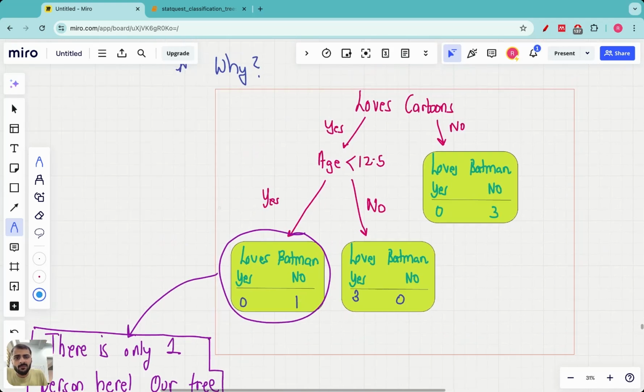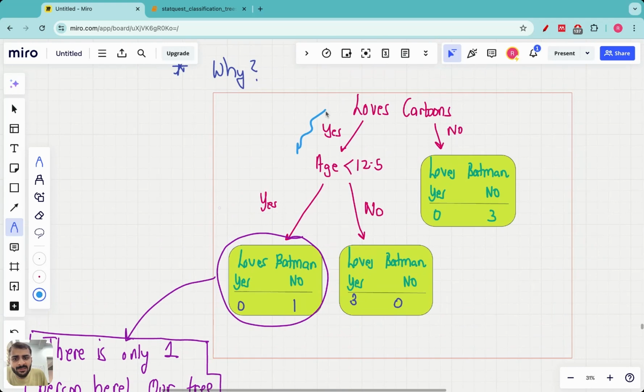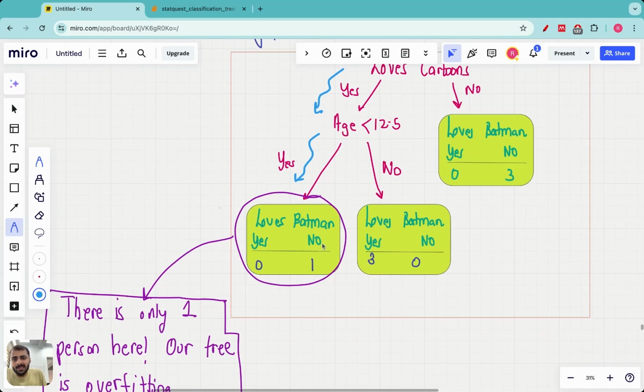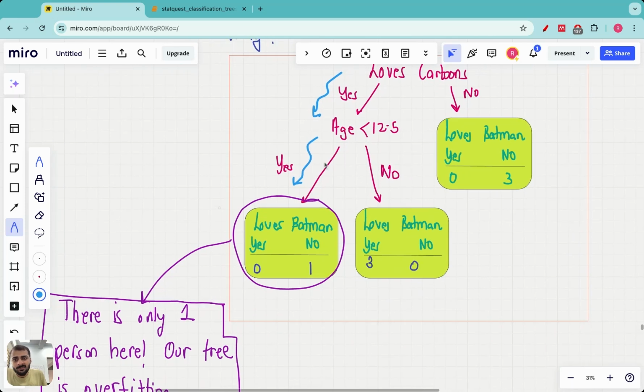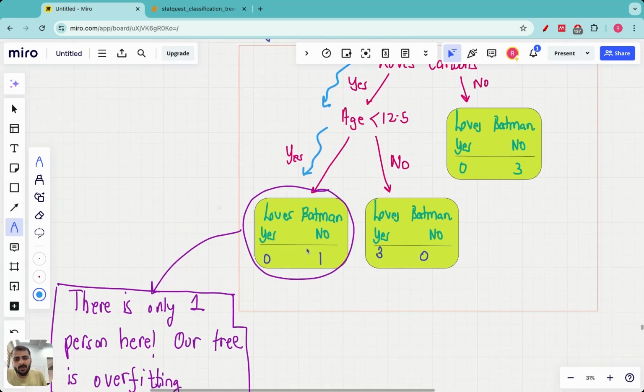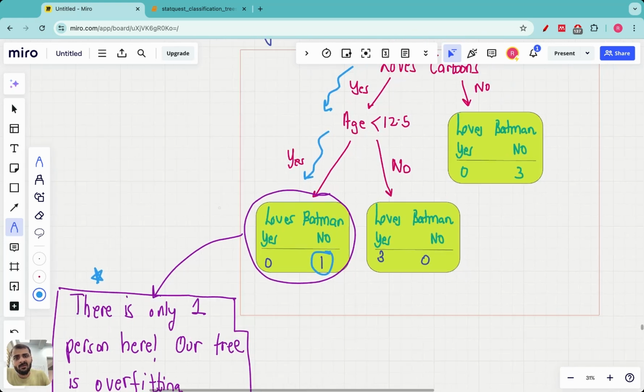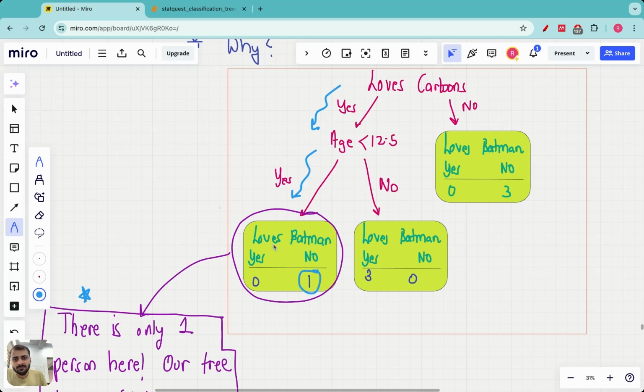If you go to this branch again in this decision tree, you will see that if you are in this branch, the person does not love Batman, but we have only one person in the training data here. So based on only one person in our training data, we have made this entire branch.